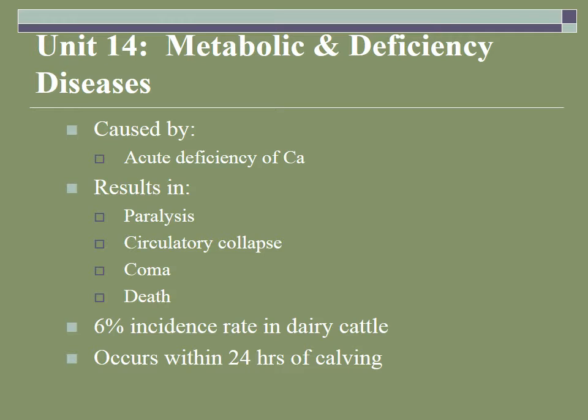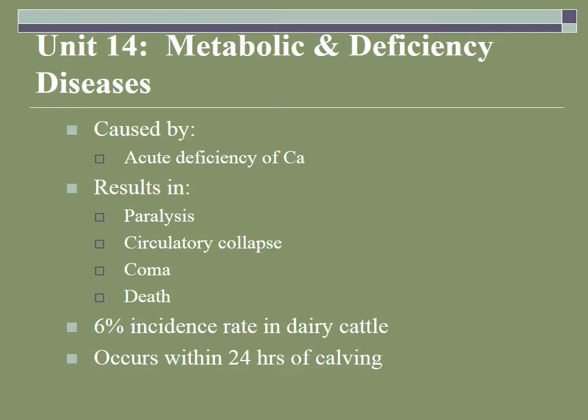Most of the time you'll see this occur within 24 hours after calving or birthing, lambing, whatever it might be, but it can happen a little bit later than that as well. As you come up on a cow that has Downer cow syndrome or milk fever, she will be laying down, and lots of times with her head tucked around to her side.